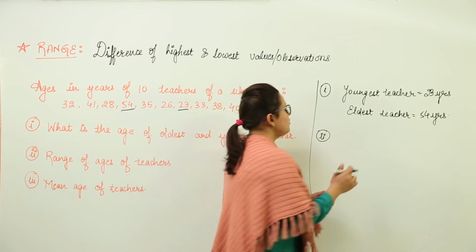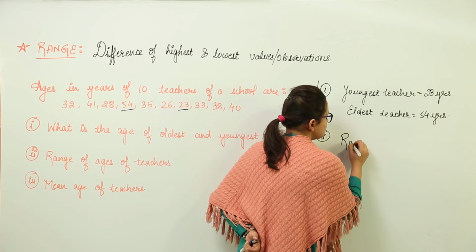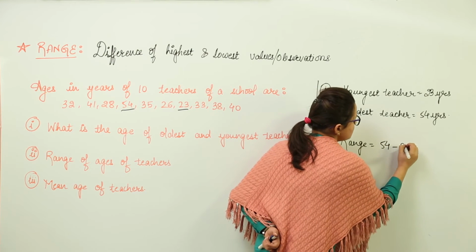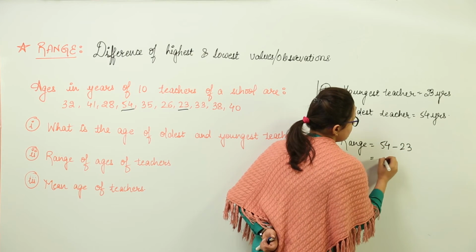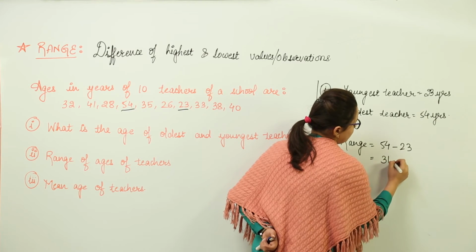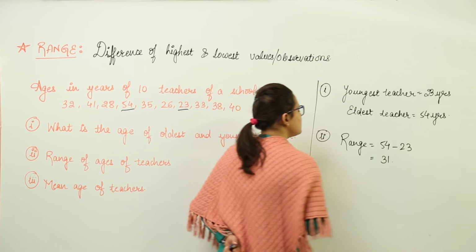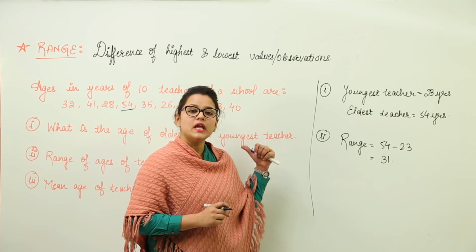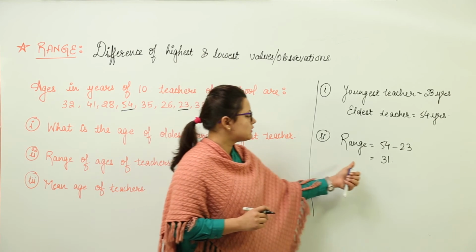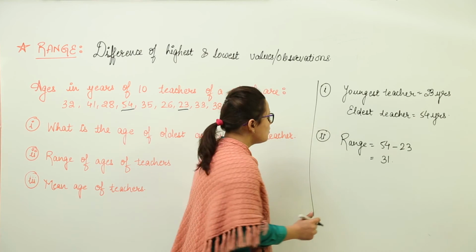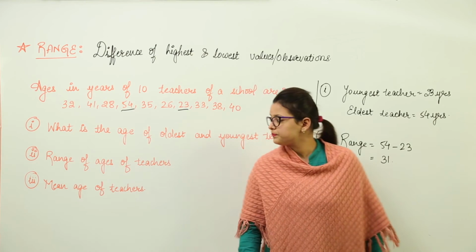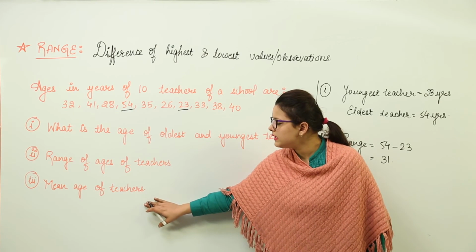So the range is 54 minus 23, which gives you 31. That means the range of ages of teachers is 31 years.